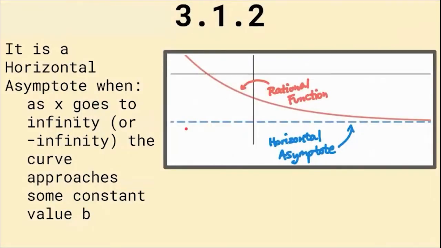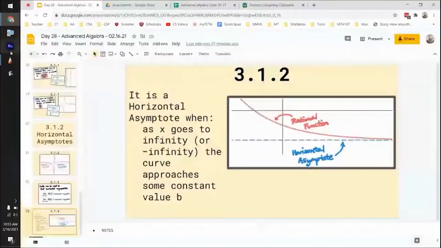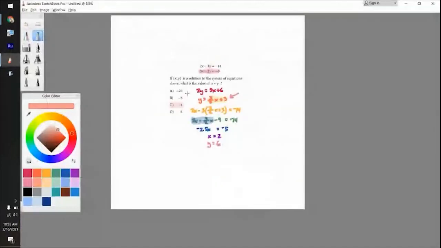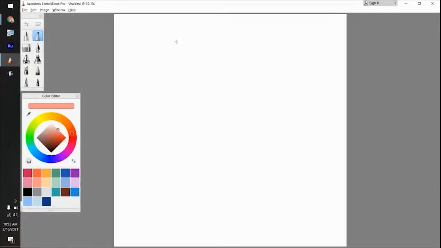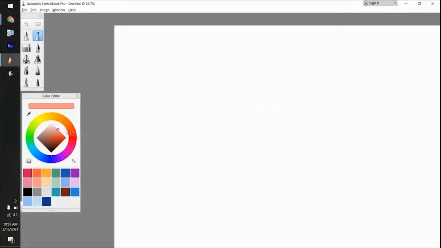Let's do an example problem. So now I'm going to want you to write this down, because we're going to do some example problems involving asymptotes. And this is what your homework is going to be on too, what I'm about to show you.